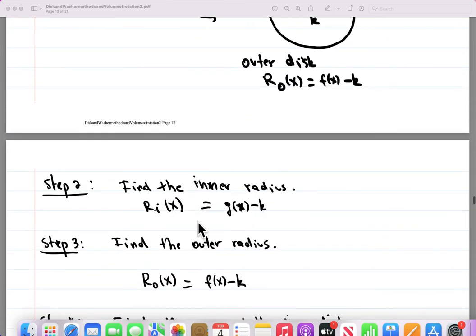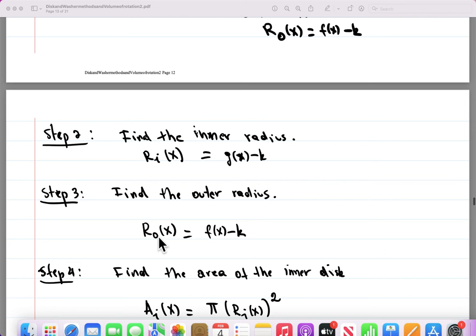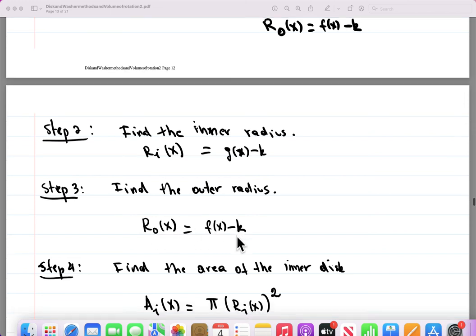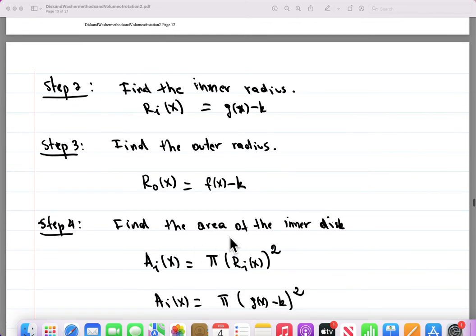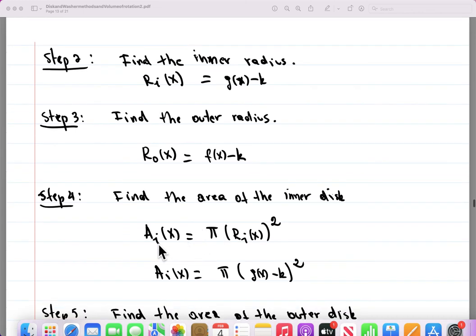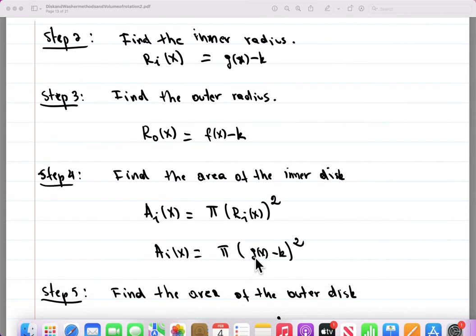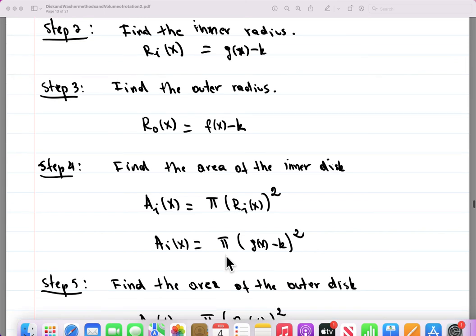So now we go to step 2. We write down the inner radius, which is g of x minus k, and then we write the outer radius, which is r sub o of x, equals f of x minus k. So now we go to the area. We find the area of the inner disk, which is S sub I of x equals pi times r sub I of x squared, but r sub I of x is g of x minus k.